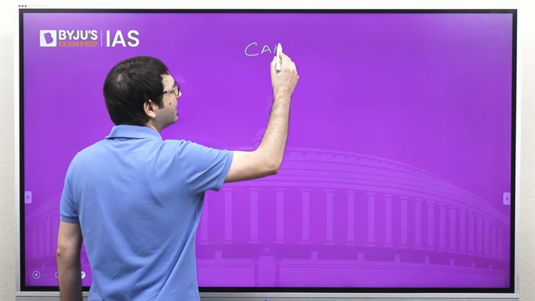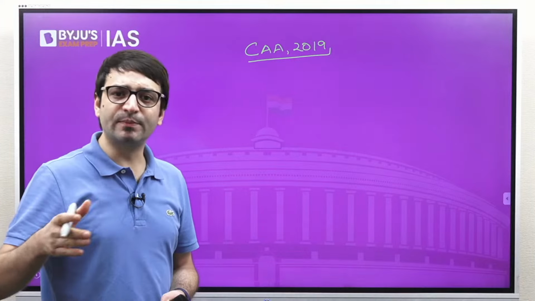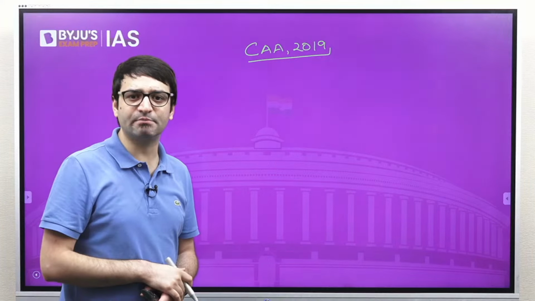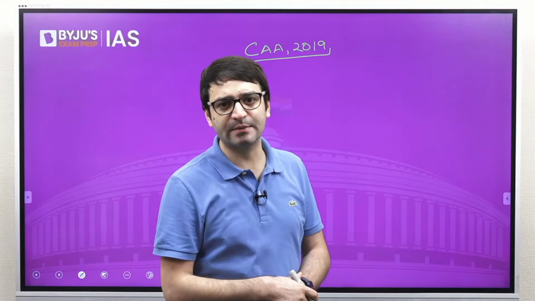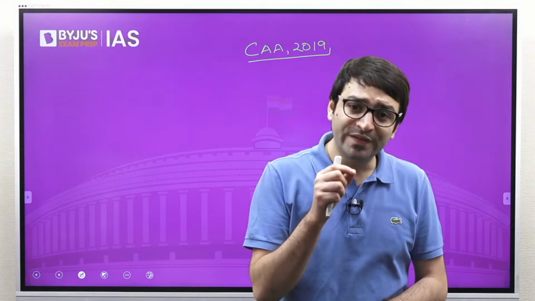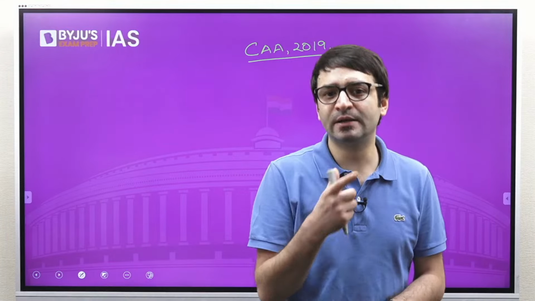Citizenship Amendment Act, which was passed by the Parliament in 2019, under which if you belong to 6 religious minorities coming from 3 countries, Pakistan, Afghanistan and Bangladesh, if you have entered India on or before 31st December 2014, you will not be treated as illegal migrant.